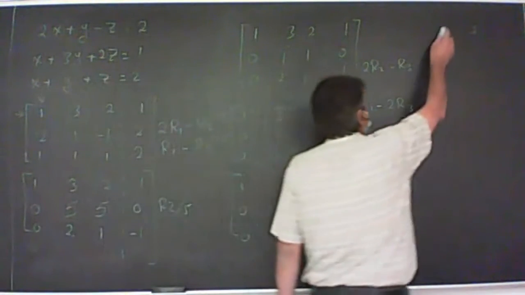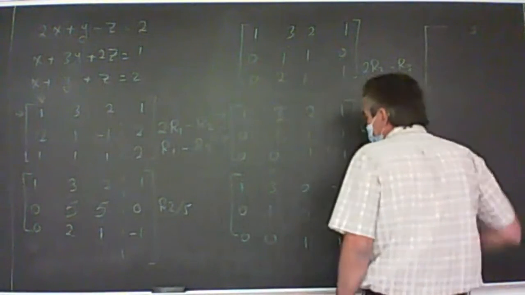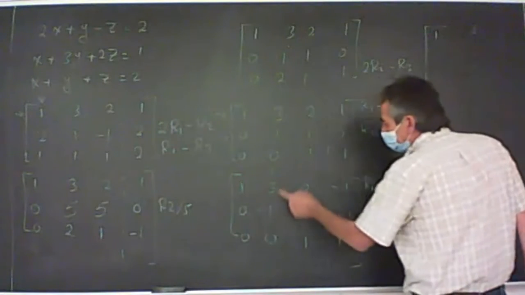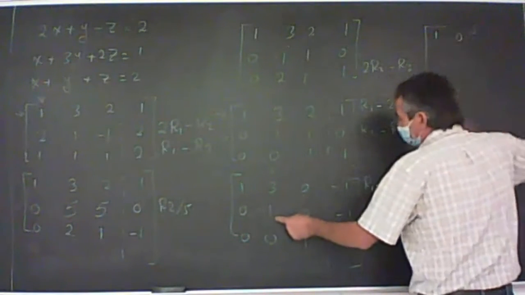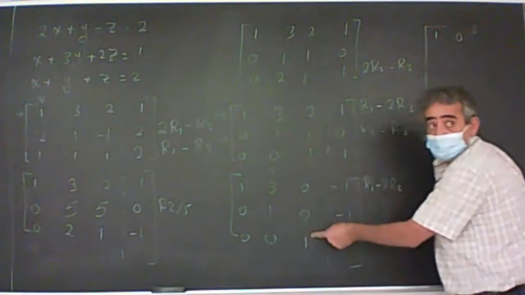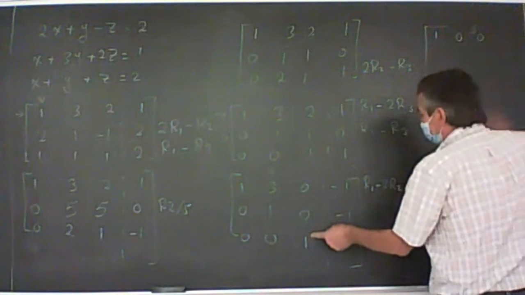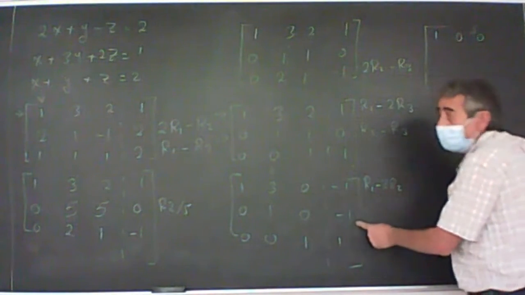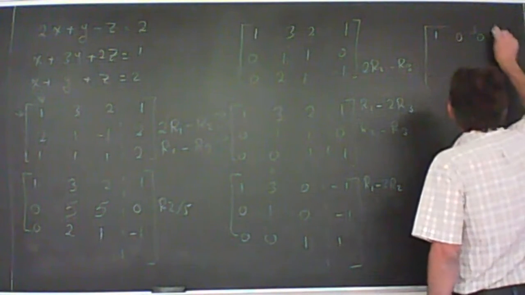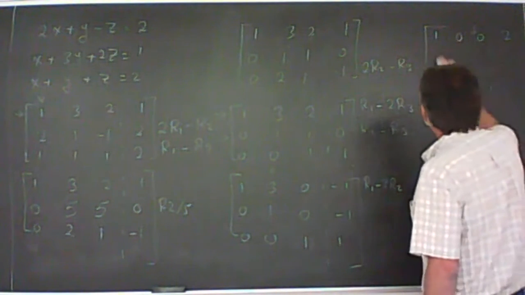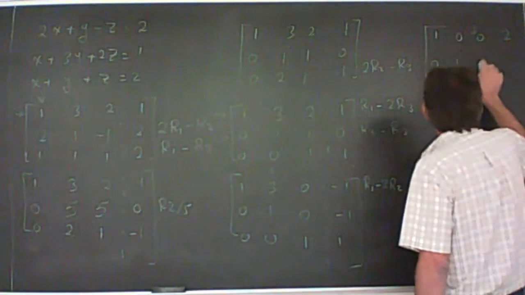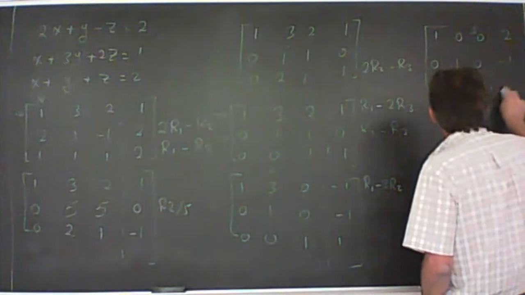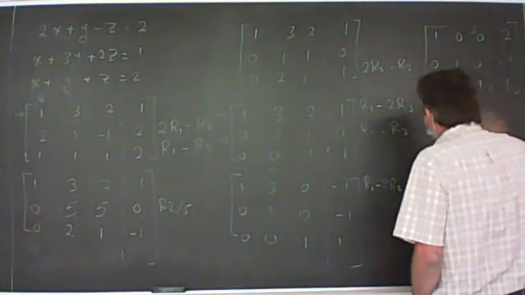And then my last step is, let's write it over here. 1 minus 0 is 1. 3 minus 3 is 0. Again, 0 minus 0 is 0. Negative 1 plus 3 is 2. Then we have 0, 1, 0, negative 1, 0, 0, 1, 1.